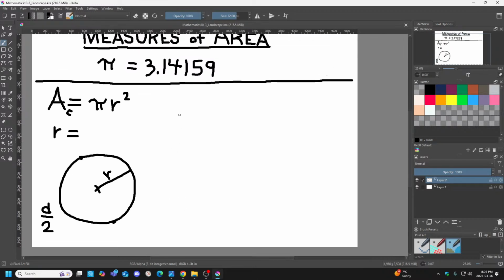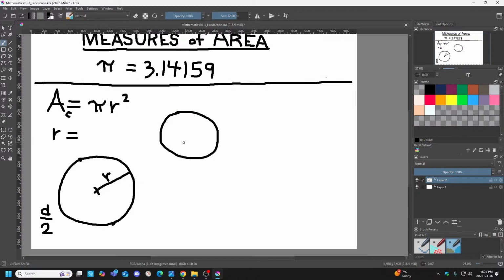I'm going to draw another crude circle. Not bad for freehanding. So what they've given us is a pizza, right?